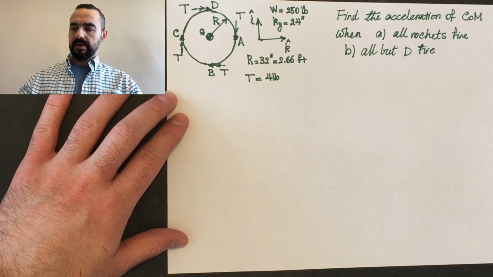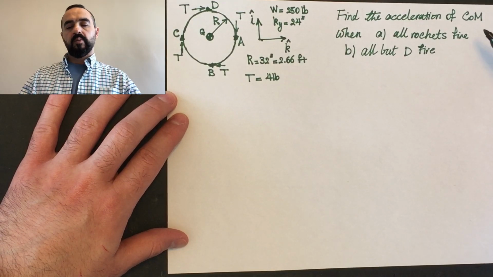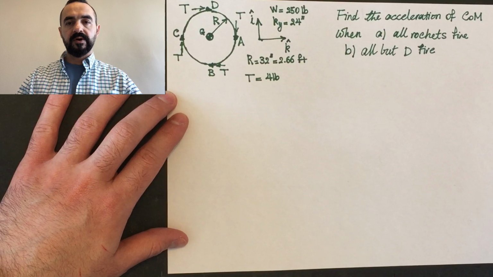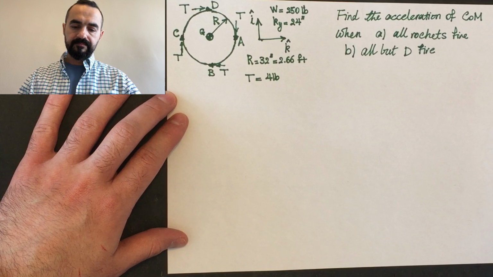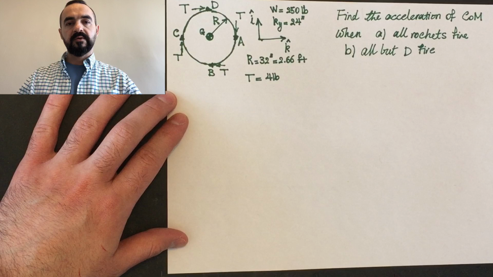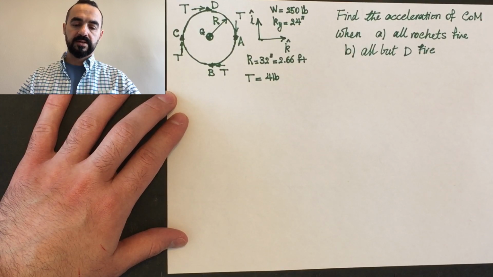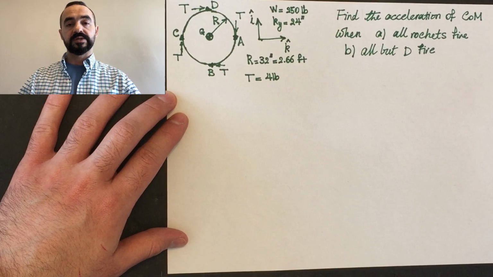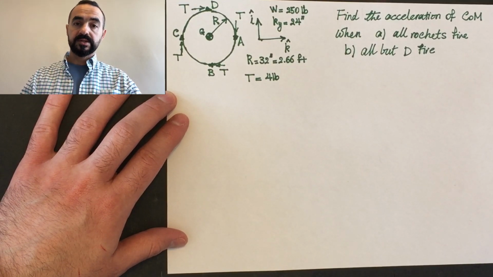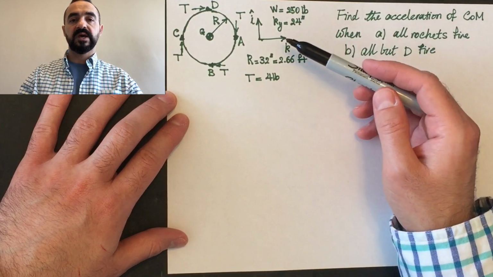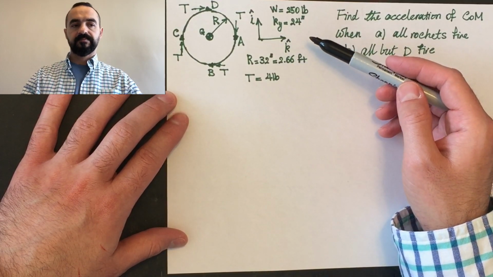Alright. Let's see, part A. What happens when all the rockets fire? When all the rockets fire, you can just look at the physics and understand that because of the symmetry of the points where the thrust forces are applied, the sum of forces is going to be equal to 0 along x-axis and z-axis.